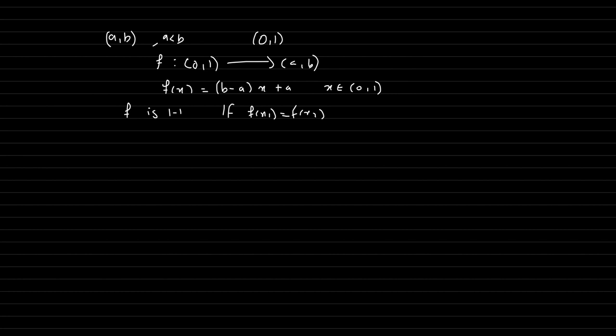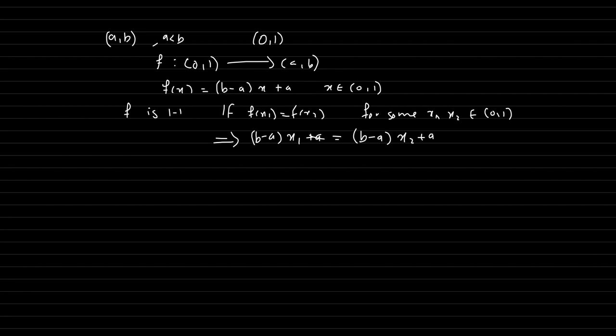If f of x1 equal to f of x2 for some x1, x2 in open interval (0, 1), then which implies, here what is f of x1? (b minus a) x1 plus a, and this is equal to (b minus a) times x2 plus a.